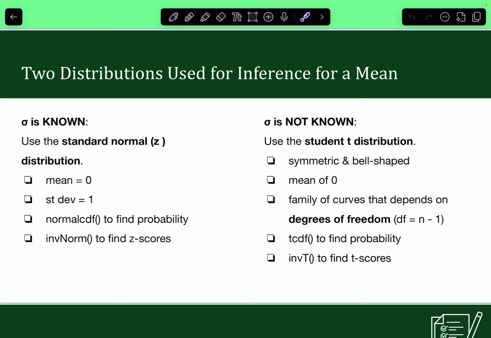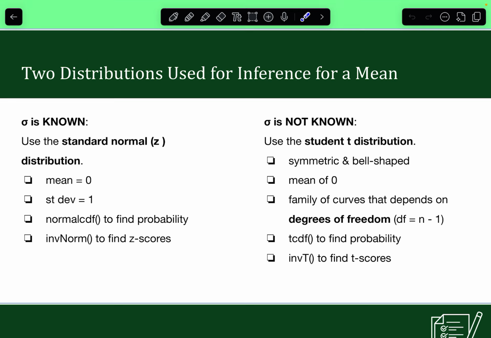In that case, we want to be extra cautious because we don't know how spread out the data is about the mean. In that case, we use something called the student t-distribution. The student t-distribution is very similar to the standard normal in that it is symmetric and bell-shaped, and it's centered about 0.